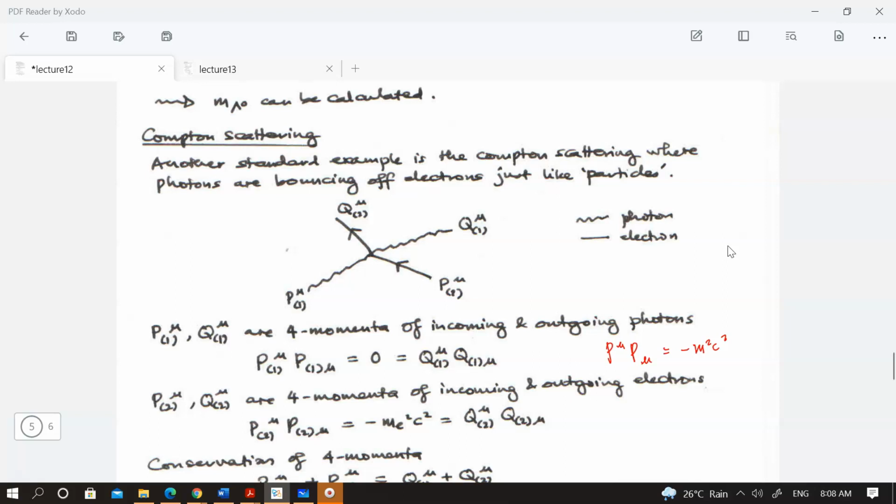Similarly for q1 mu, which is again for the photon, you get 0. For the electrons, it follows the general one, which is given by the rest mass of the electron, m_e squared c squared.